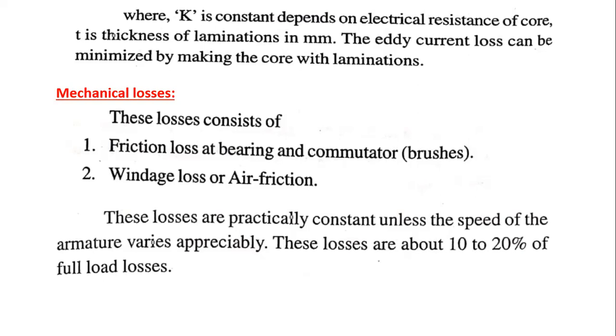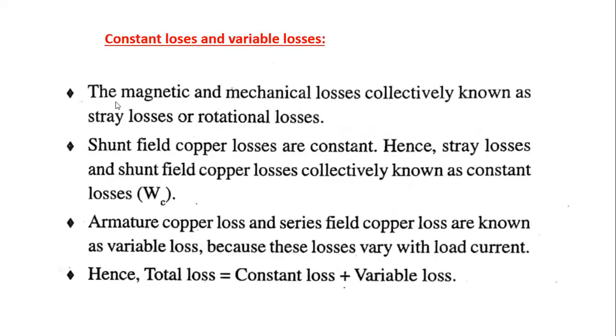This type of loss is only about 10 to 20%. Due to the frictional parts we obtain the frictional losses, which will be obtained in the brushes. Next, first of all, we should know which constant losses and which variable losses are there in the case of a DC generator.